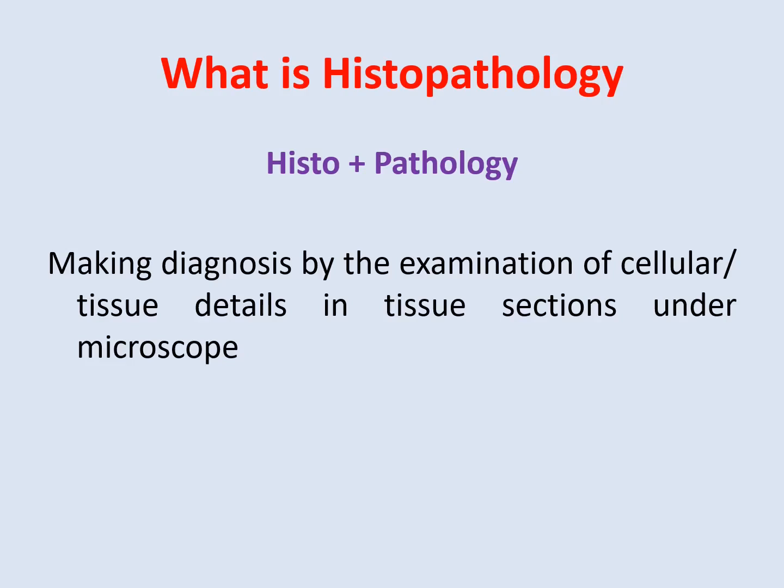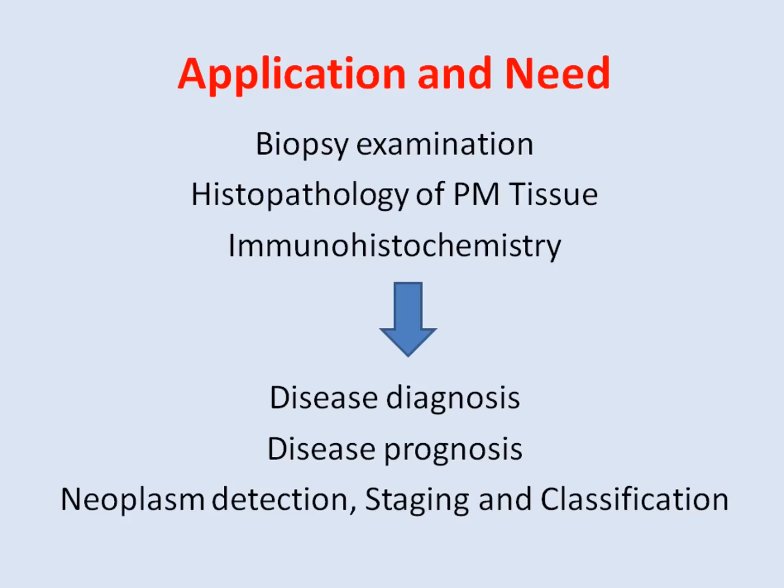If there is a deviation from this normal structure, then it comes under pathology. Suppose there is an increase in cell size, a decrease in cell size, a deformity in some nucleus, or an infiltration of cells. All these things come under pathology. So histopathology is making a diagnosis by the examination of cellular and tissue details in tissue sections under a microscope.